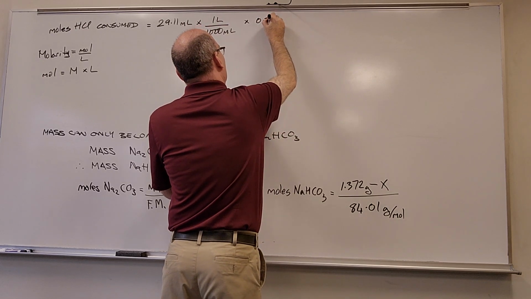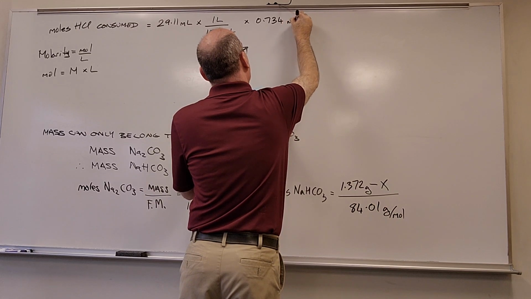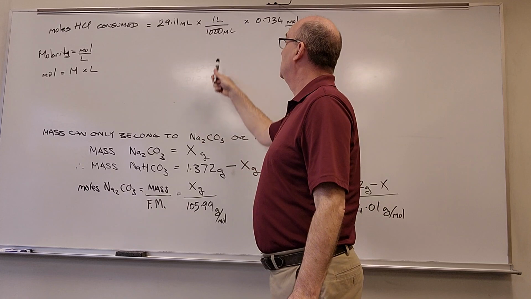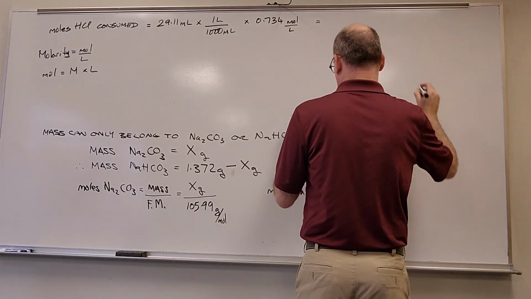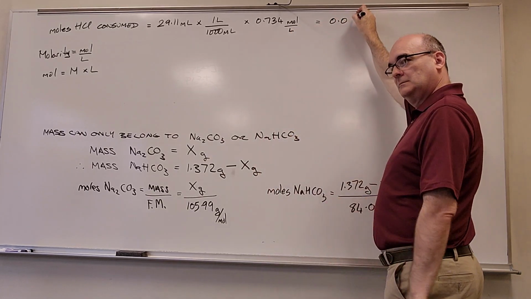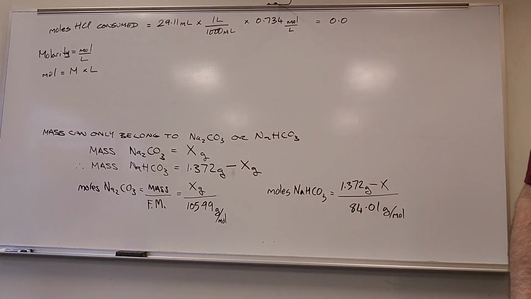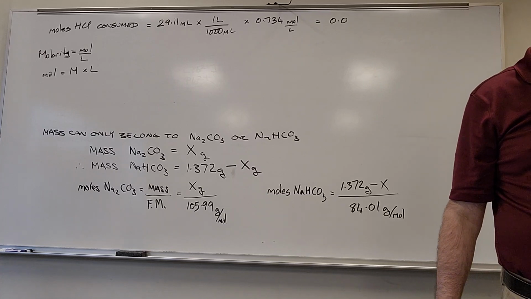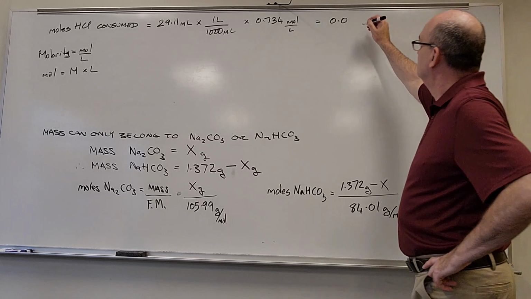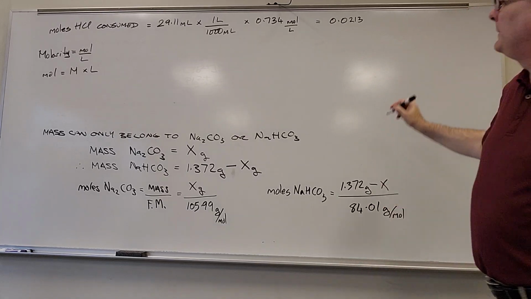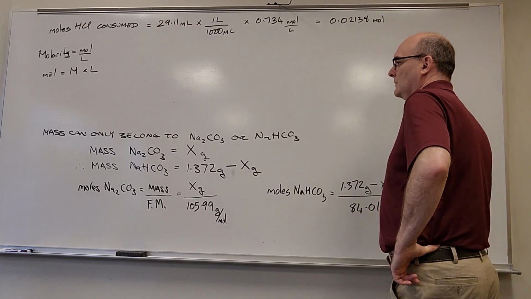Then 0.734 moles per liter: the liters cancel, the milliliters cancel, and that gives me a number in moles. I'm keeping lots of digits in.